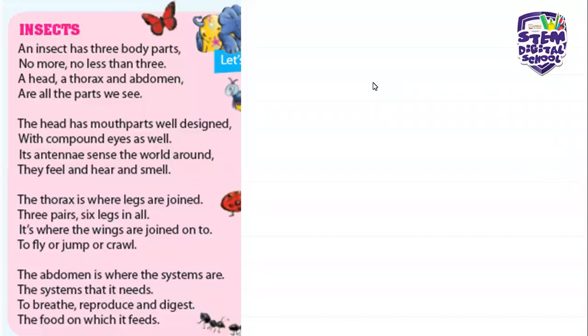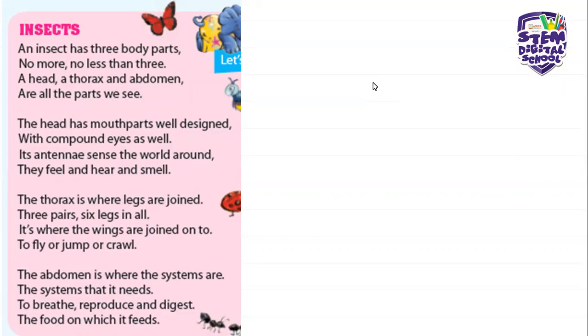Insects. An insect has 3 body parts, no more, no less than 3. A head, a thorax, and abdomen are all the parts we see. The head has mouth parts well designed, with compound eyes as well. Its antennae sense the world around. They feel and hear and smell. The thorax is where legs are joined.